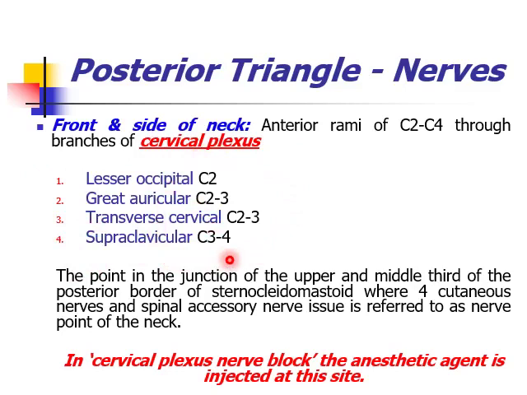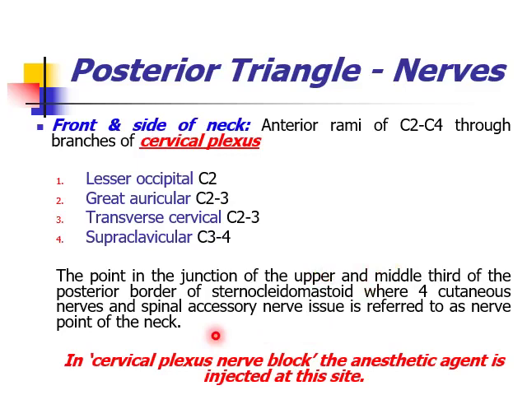All these nerves, the four cutaneous branches of the cervical plexus, along with the spinal accessory nerve, emerge into the posterior triangle through the junction between the upper and middle one-third of the posterior border of the sternomastoid. So this particular place is of clinical value in nerve block procedures.